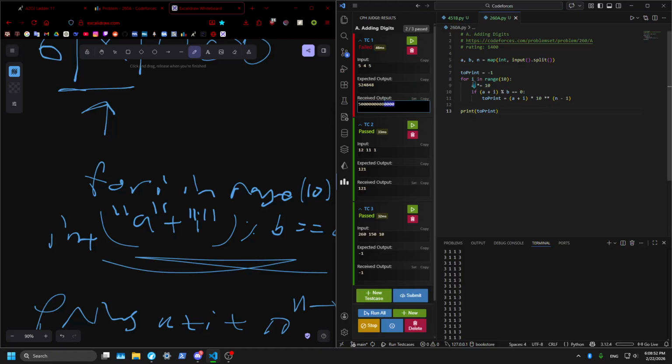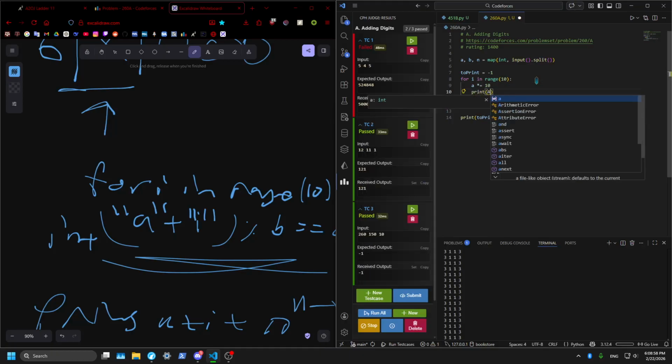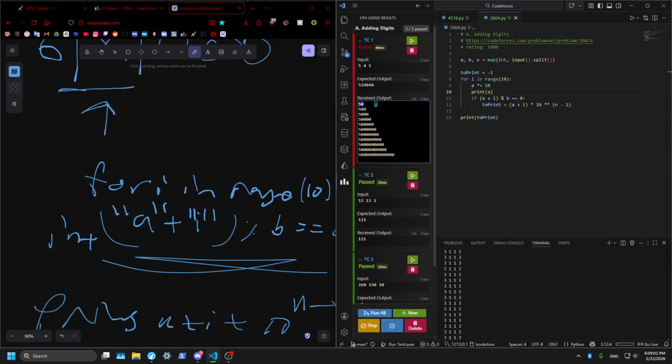How am I getting so many zeros? Check this part is working. 50. No, no, no. So this is not right.